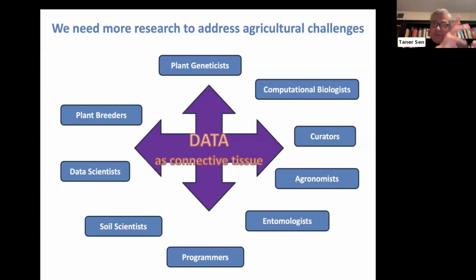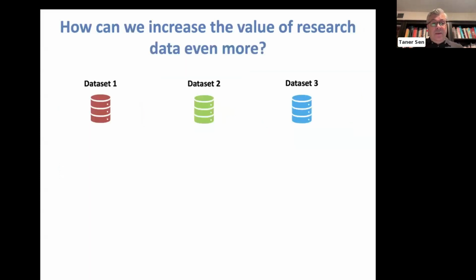So data between these expertise, between these studies, is the connective tissue connecting these different studies to address agricultural challenges. And so our groups generate data, the researchers generate data.